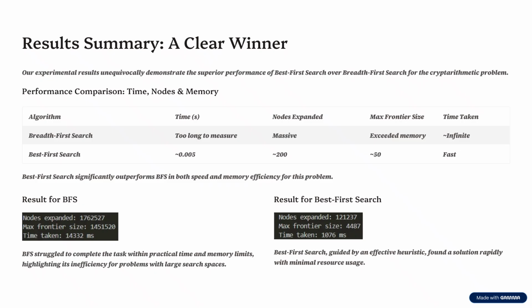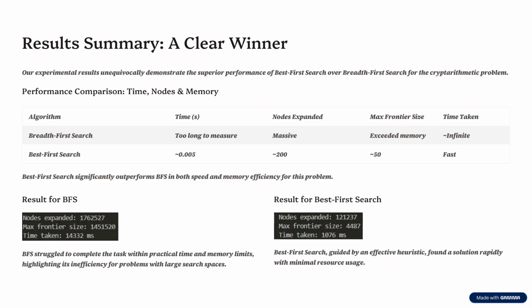So let's see our results when we compared them in the code. Best first search performed way better than BFS. If you look at the performance comparison, breadth first search took too long to measure. The nodes expanded were massive, the max frontier size exceeded the memory, and the time taken was effectively infinite.